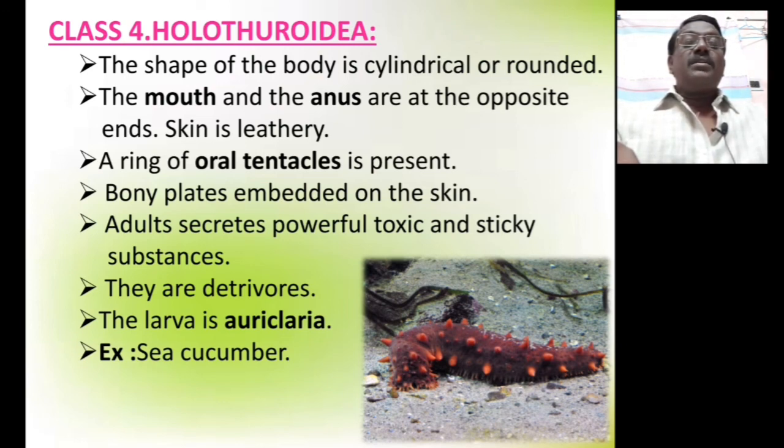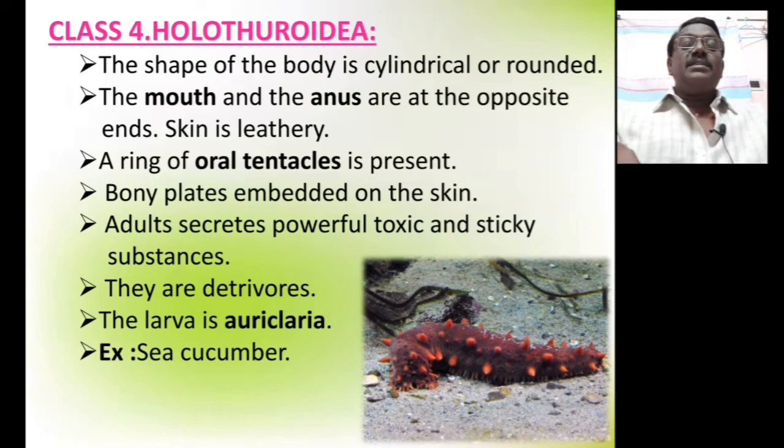As in the case of other classes of echinoderms, these animals don't have long as well as short spines. Only bony plates are found on the skin. Adults secrete powerful toxic substances, and the toxic substances are sometimes sticky also. They are detritivorous. Normally they have a larval form named the auricularia larva.